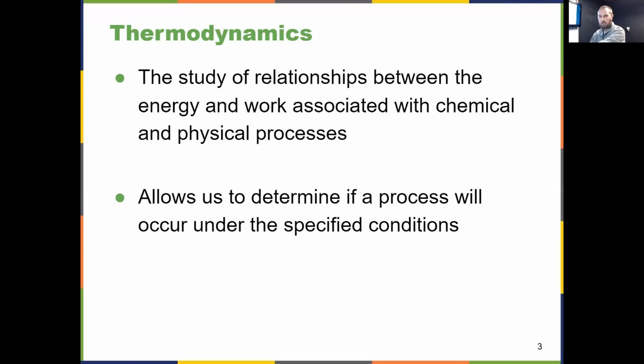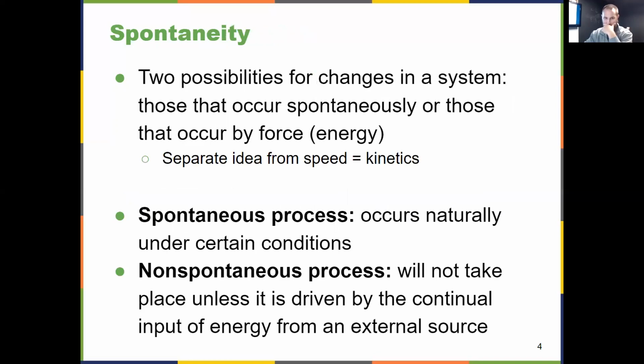Thermodynamics allows us to determine if a process, a chemical process or a physical process, will occur spontaneously under the specified conditions. Because in the world of chemistry, we can make anything happen with inputting enough energy into the system. But what we're concerned with now is, will it happen spontaneously under the given conditions?